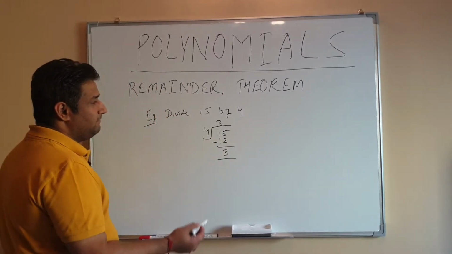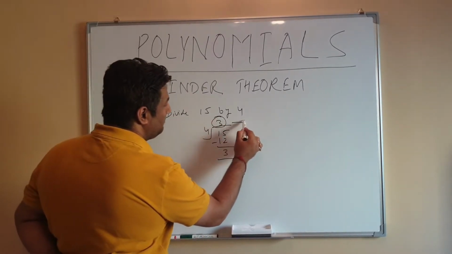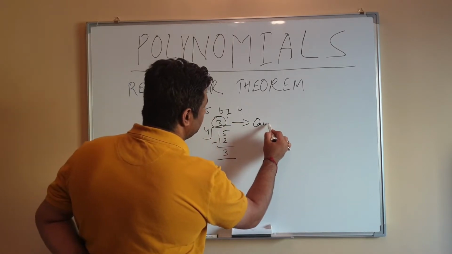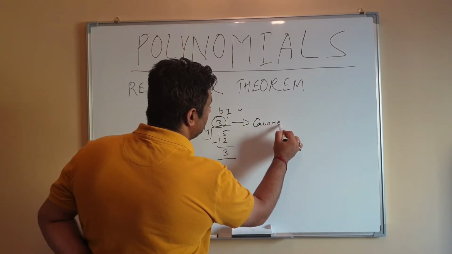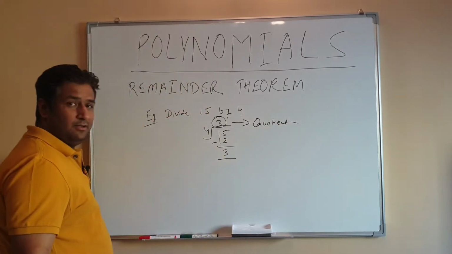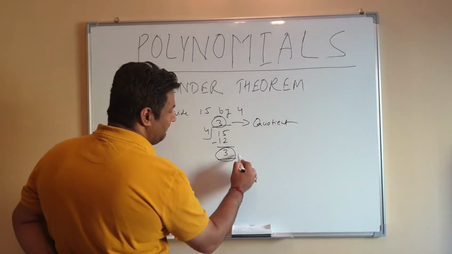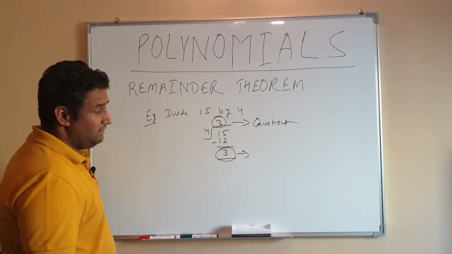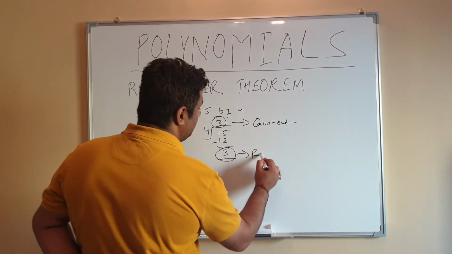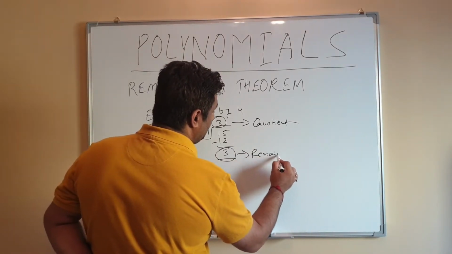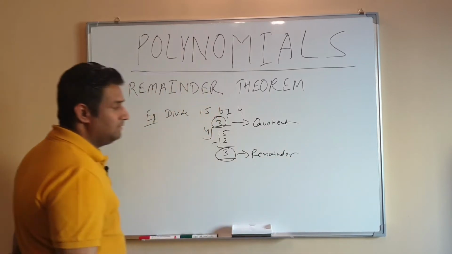Now if you see here carefully, this will be your quotient, right? And this particular thing which cannot be further divided is known as the remainder.